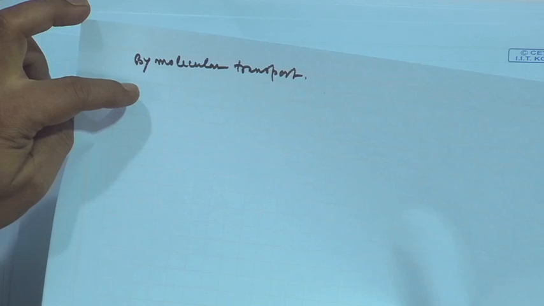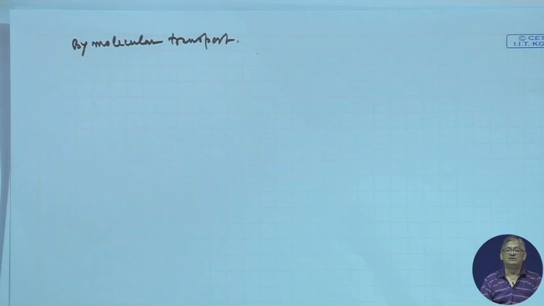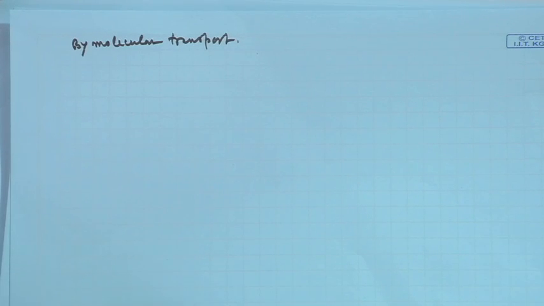So, when these two layers are there, if we assume this to be one molecule and this to be another molecule, because of the vibration of the molecule within that plane, it is not that they are going like in the kinetic theory of gases, where a molecule goes till it collides with the boundary. It is not like that.